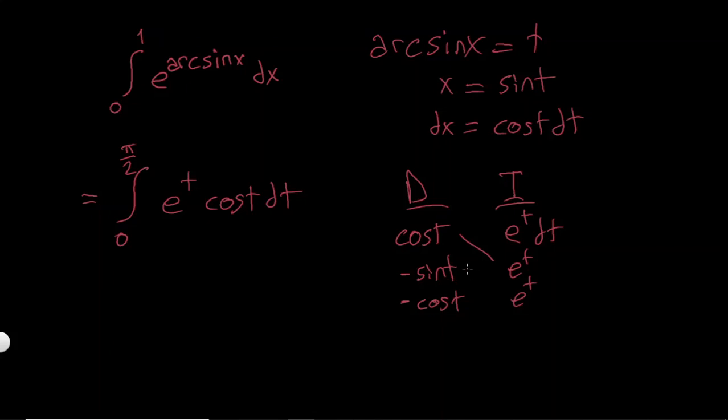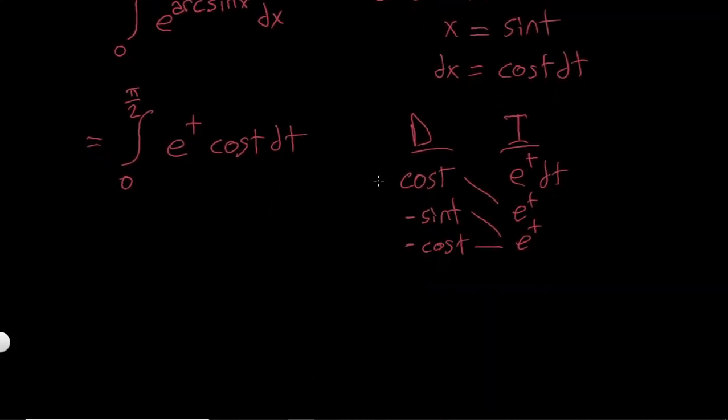And now if I do it like this, I know that in the end, cosine of t e to the t will be equal to my integral. Okay, so I can stop here and it will be plus minus plus.